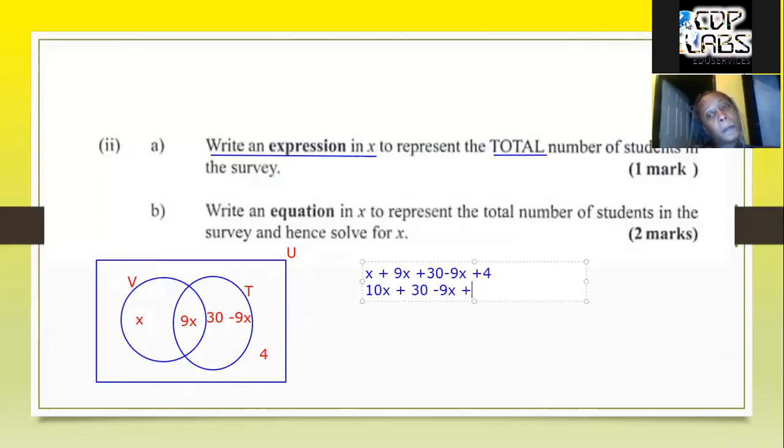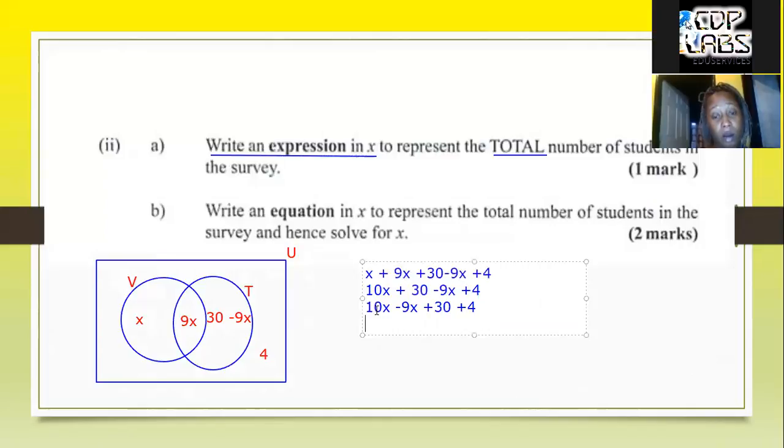Plus 4. Now we're going to group the like terms again. So 10x and 9x are like terms. So you see we'll go step by step. 10x minus 9x plus 30 plus 4.